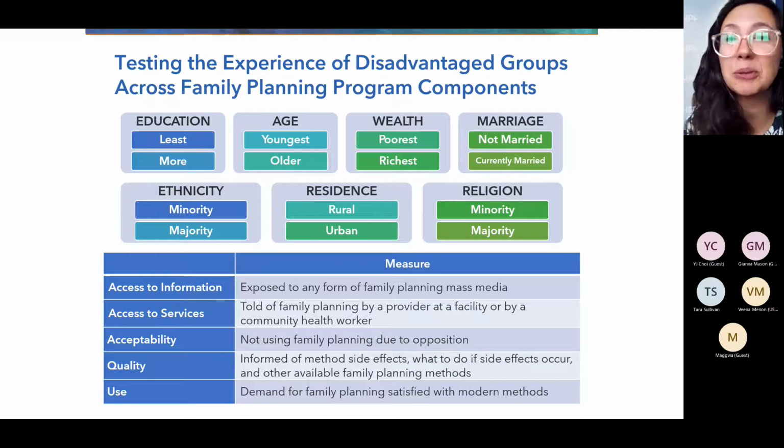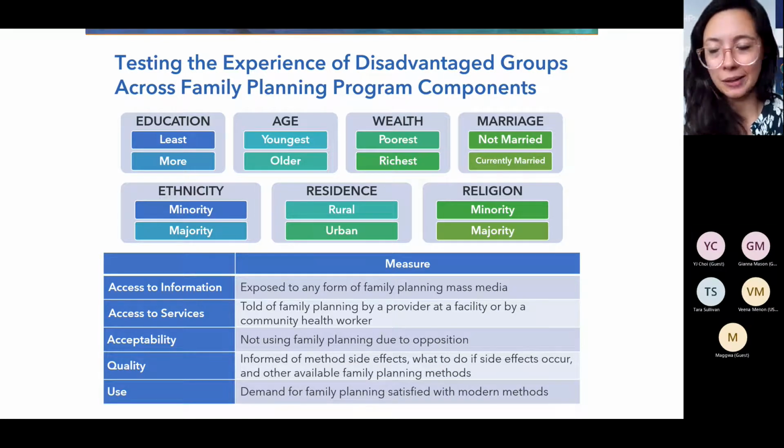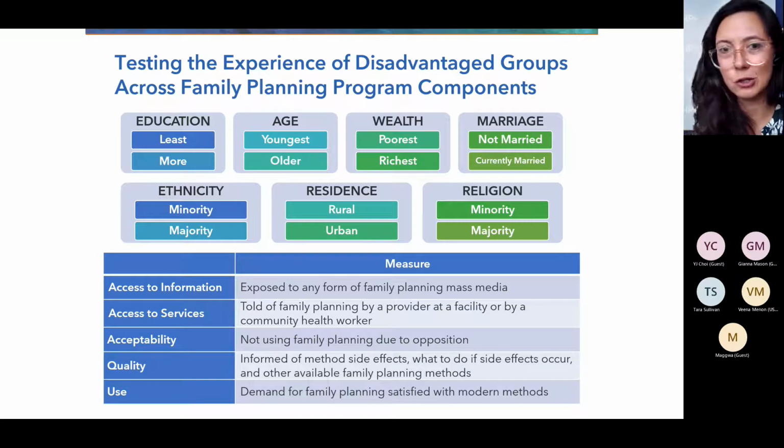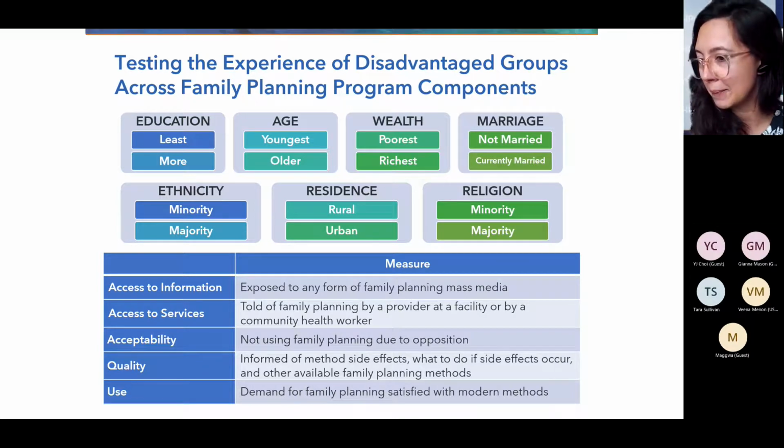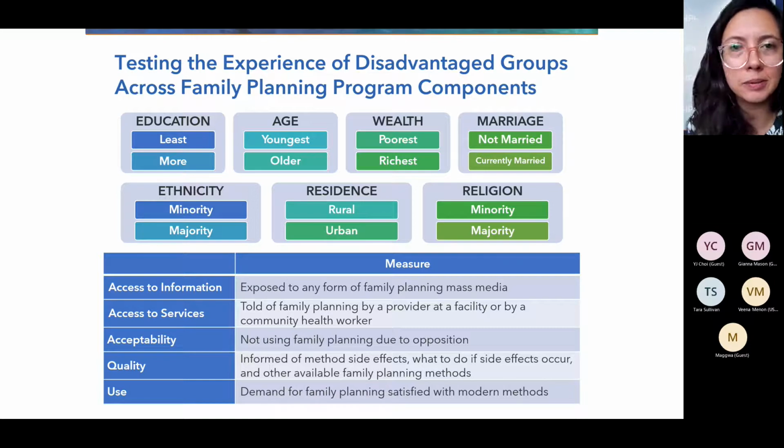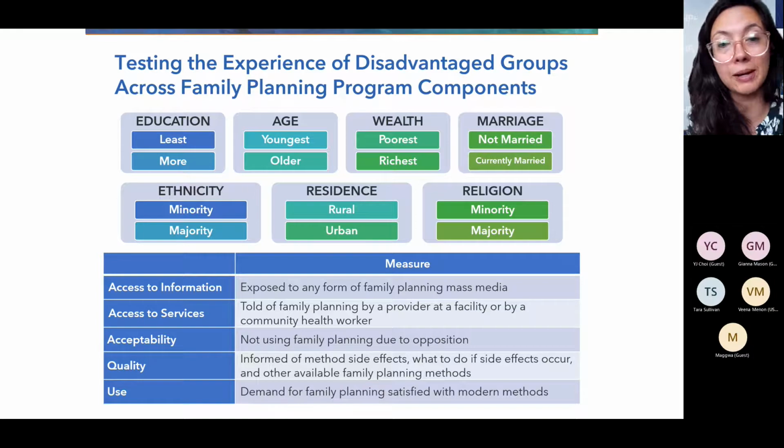We, of course, wanted to include many other stratifiers. Unfortunately, we're limited by the sample size in the DHS. So of course, disability would be an area of interest, but if there are only, let's say, 15 to 20 disabled respondents, then we're simply unable to include that as a stratifier, because we're not able to deduce whether that effect is statistically significant or not.